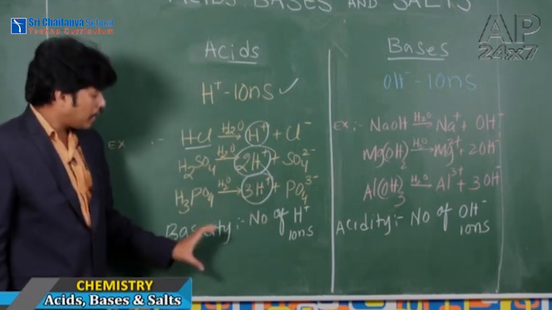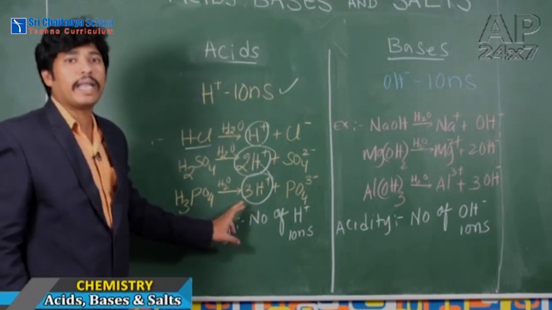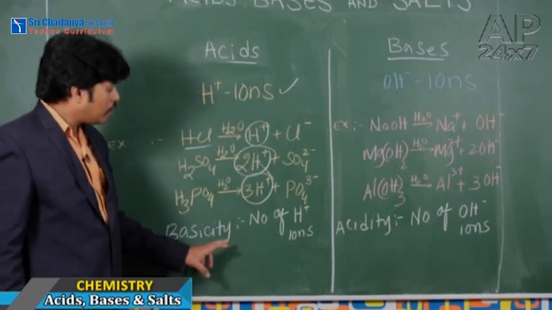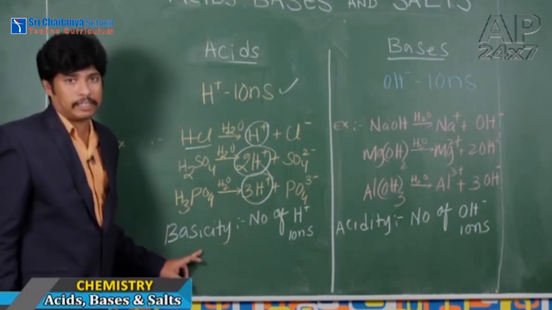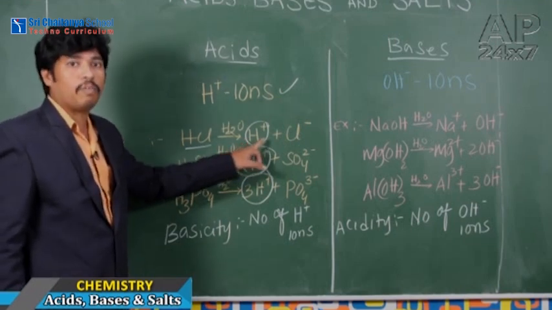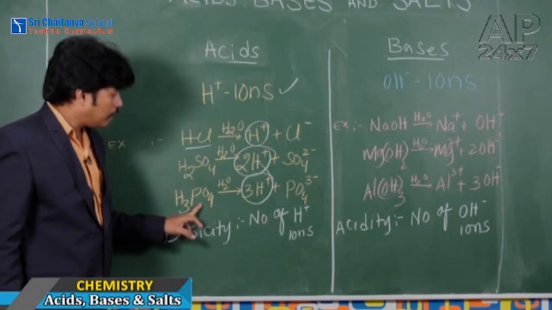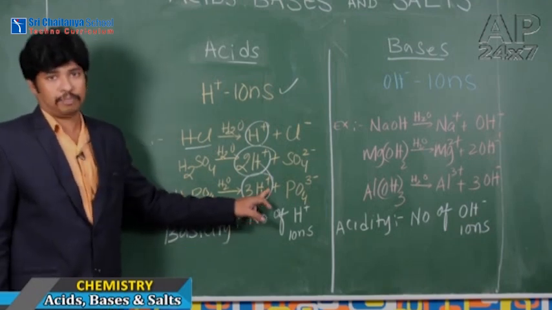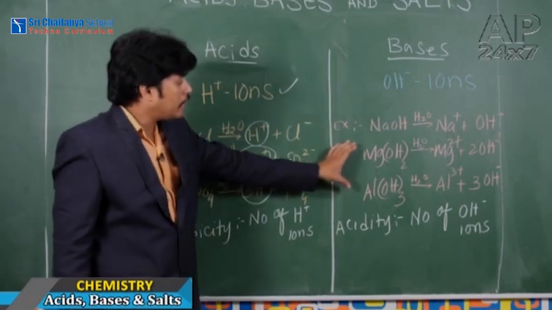Now simply we can say that the number of H plus ions produced by one acid molecule when dissolved in water is called the basicity of the acid. The basicity of hydrochloric acid is 1, the basicity of sulfuric acid is 2 and the basicity of phosphoric acid is 3.